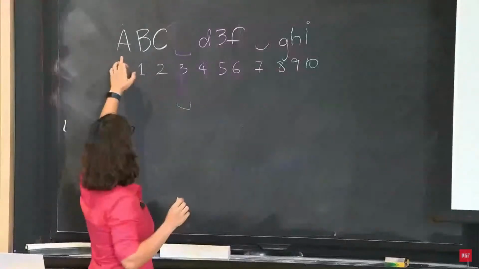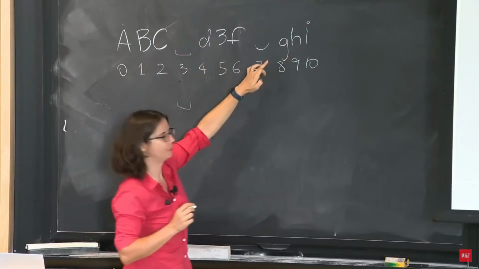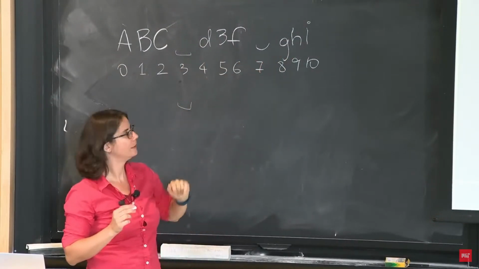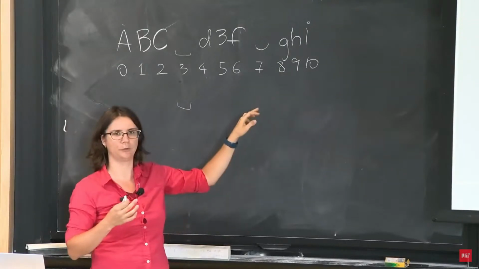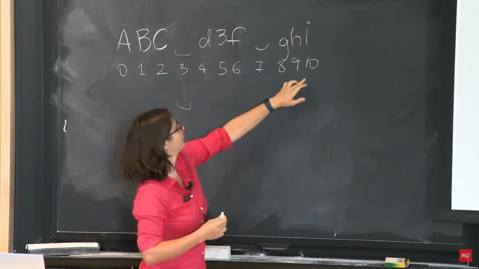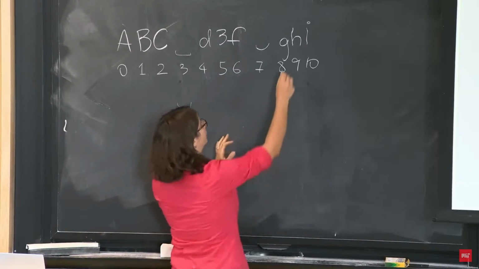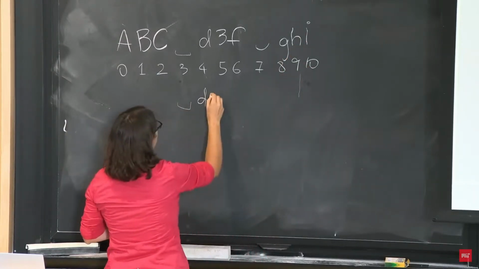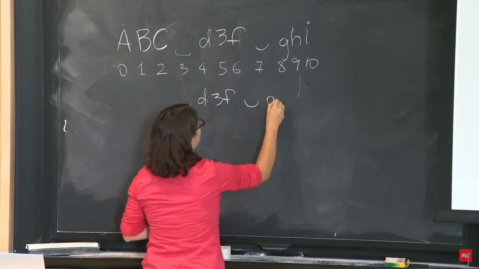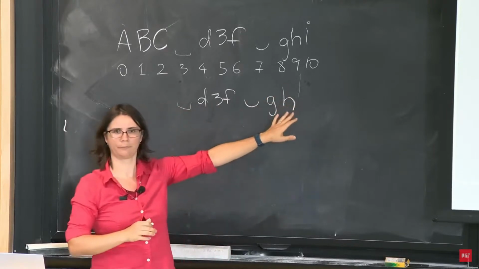What's the length? How many characters are in here? 11, yep. And -1 is 10. So when the stop is 10, that means we're going to go up to, but not including, the character at 10. So we're going to go up to this H. We're going to take the space, D3F, space, G, H, and we stop.